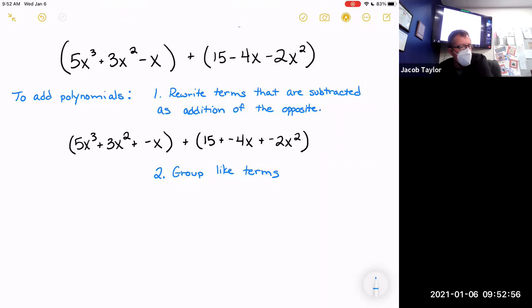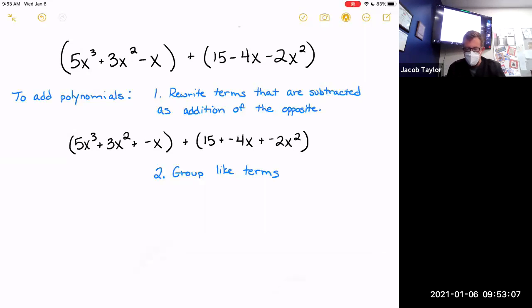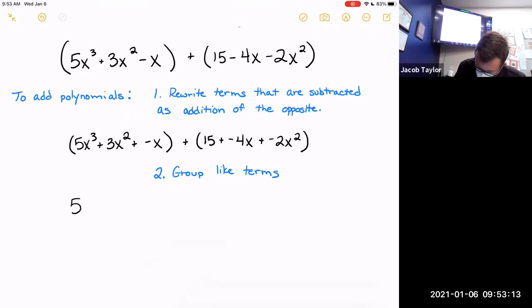So group like terms means all of the like terms need to be put next to each other. So our highest exponent is the third power on that 5x cubed. So we're going to write that one first. 5x cubed, to the third power. The next highest exponent we have is squared, to the second power.